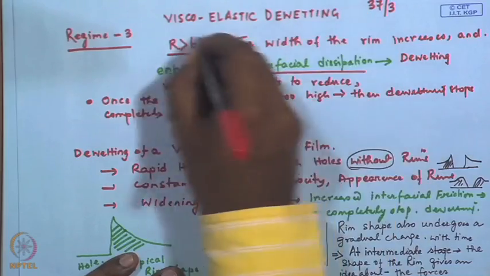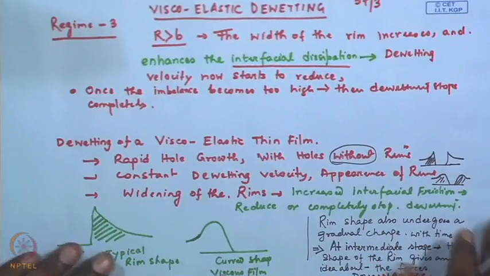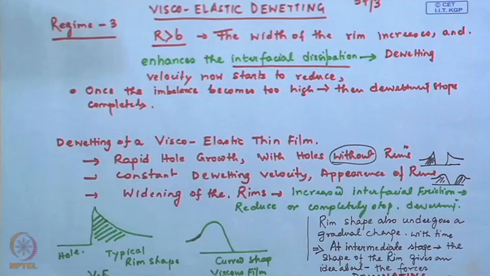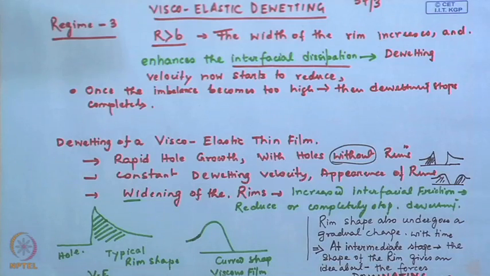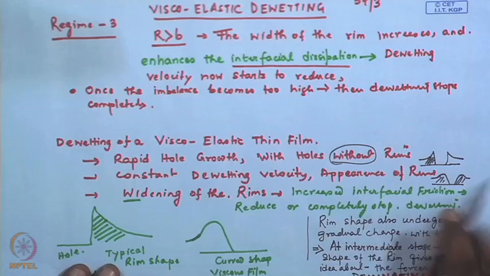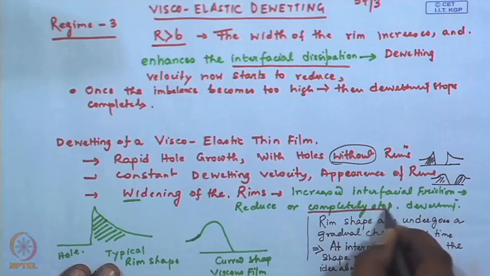Amongst other things, there was something very important and interesting that you might have noted in the context of viscoelastic dewetting, and that is the third stage. From the standpoint of dewetting dynamics, or how the morphology evolves, there is widening of the rim, and interfacial friction becoming extremely important. The other important thing was that dewetting completely stops.